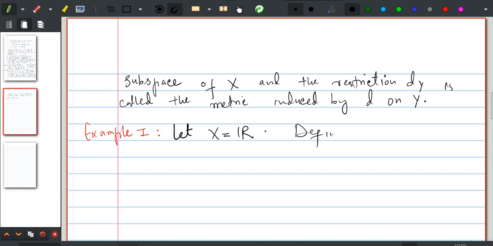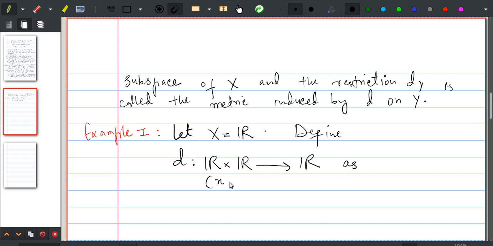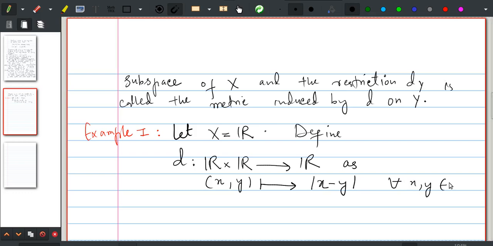Define d from R cross R to R as: the pair (x, y) goes to the absolute value of their difference, for all x, y in R. Note that this quantity is a real number, so this is a well-defined function.